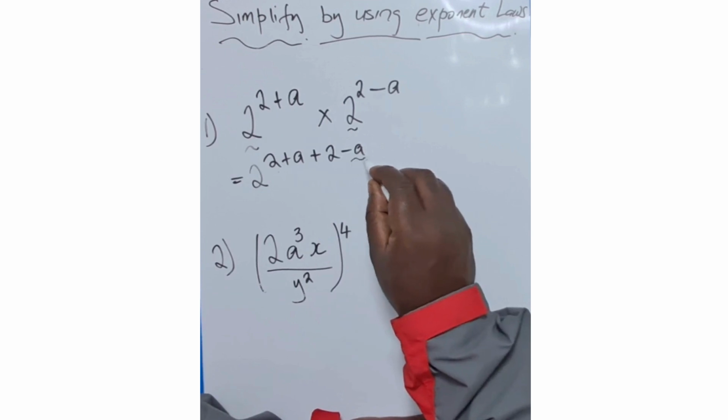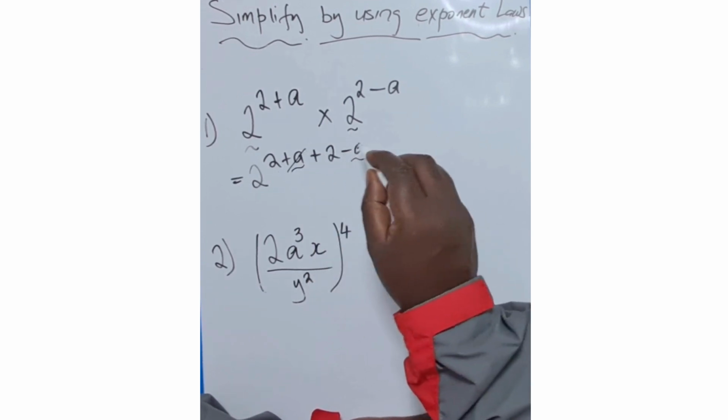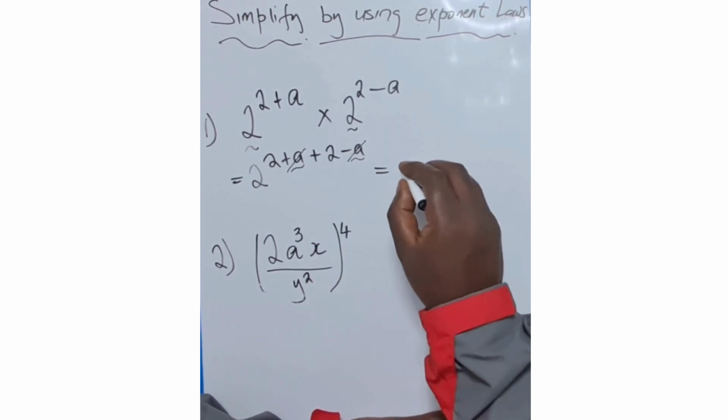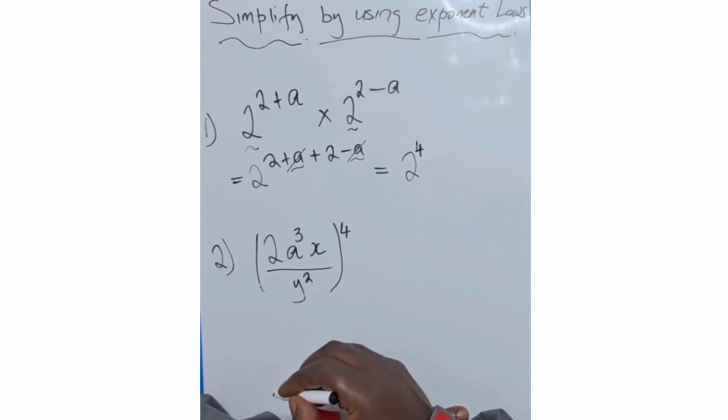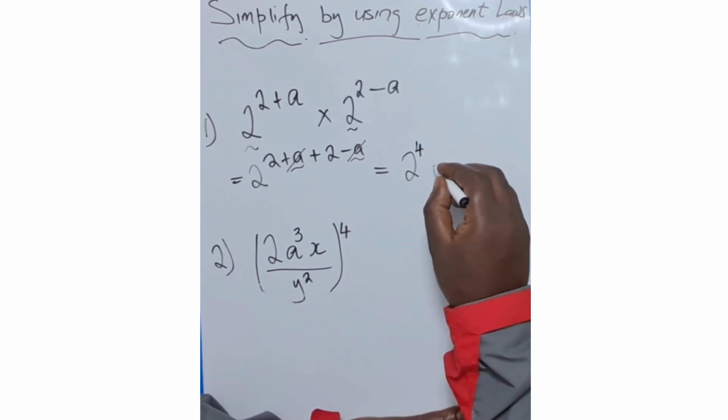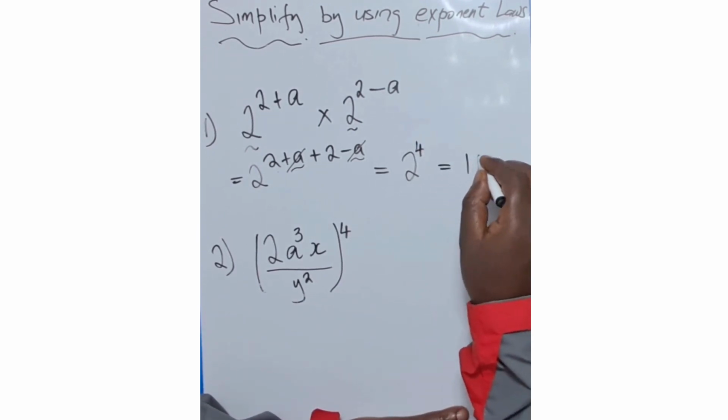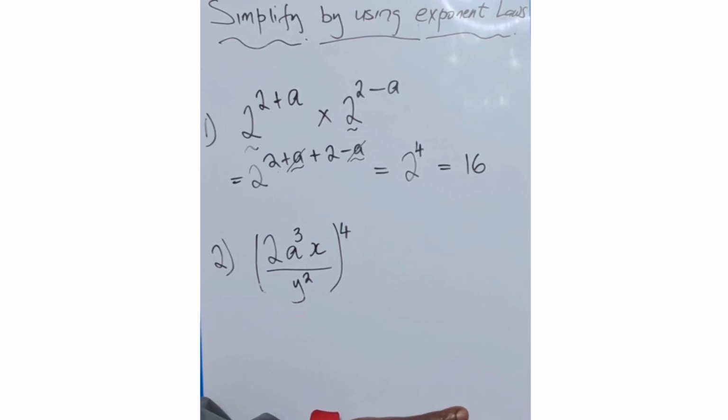Now since we have like terms, this is going to cancel that, and we'll be left with 2 to the power 4. So 2 to the power 4 is 16.